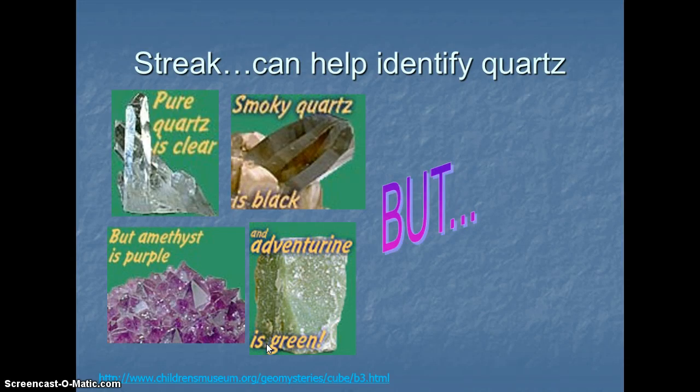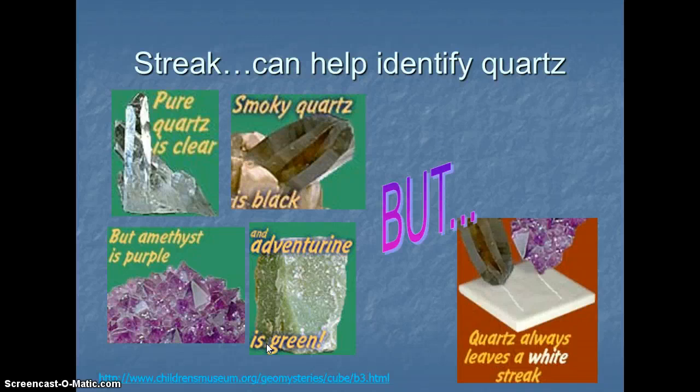You've got pure quartz, it's clear, smoky quartz, it's black, amethyst is purple, and aventurine is green. But quartz always leaves a white streak. All of these are quartz, but they all leave a white streak because they're all quartz.